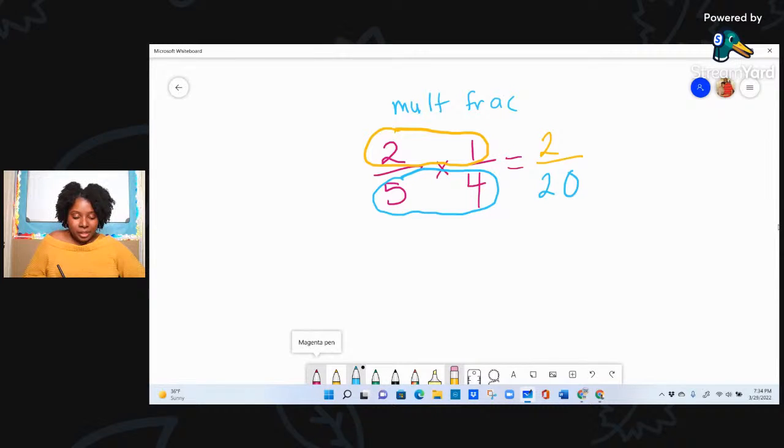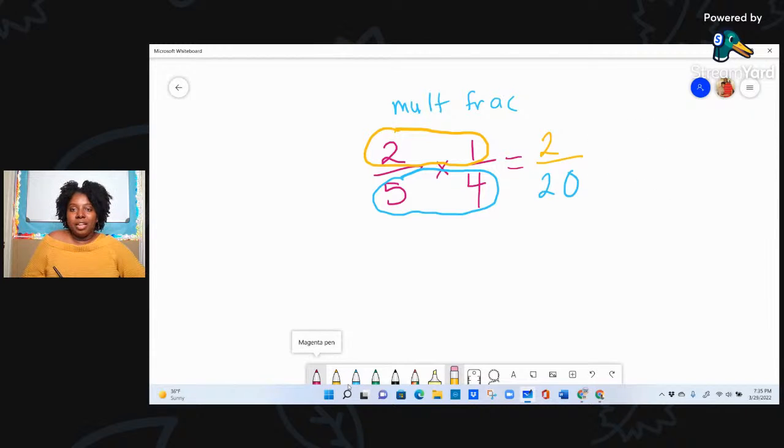What's the final answer? So I think I know what you guys are getting at when you're saying 2, but in simplest form, what would this final answer be as a fraction? Tell me. There we go. I see it.